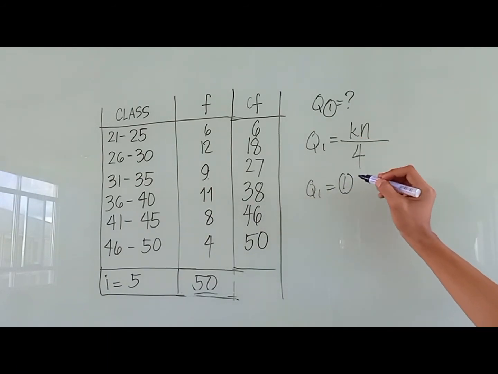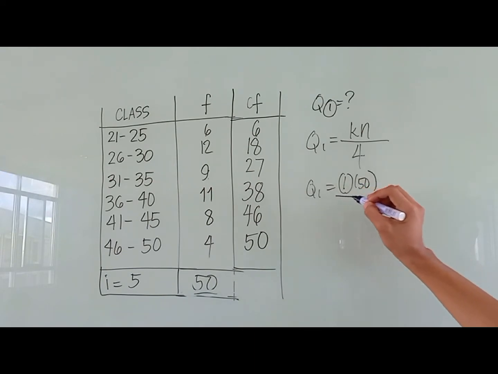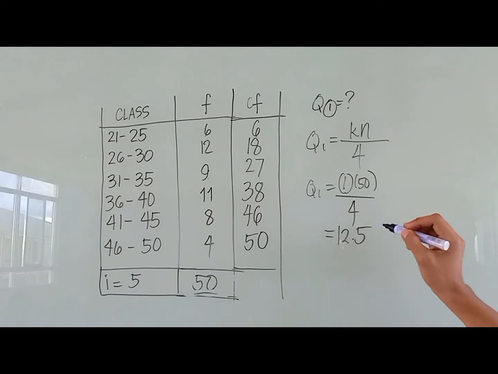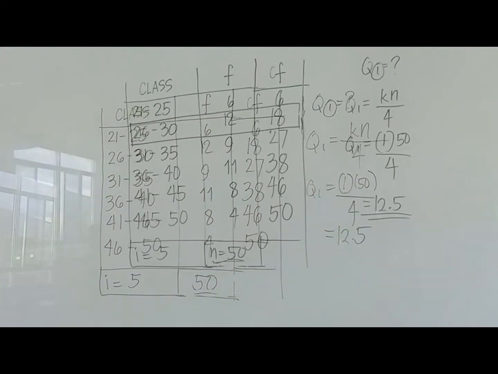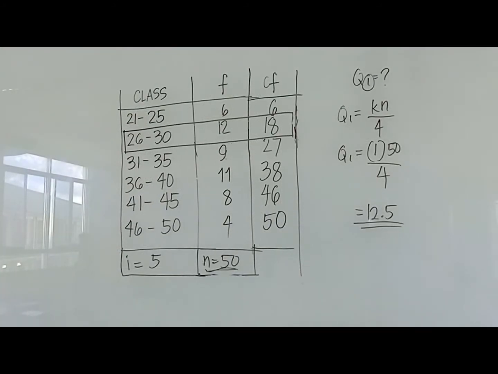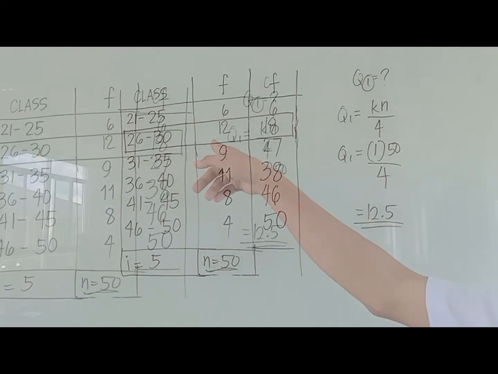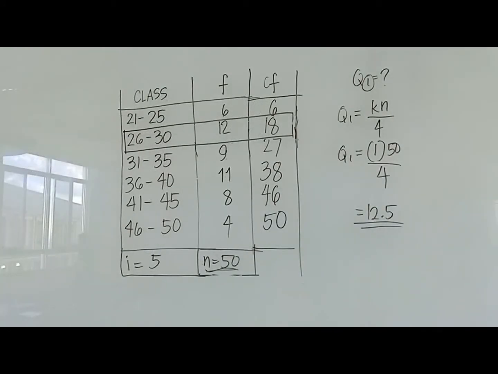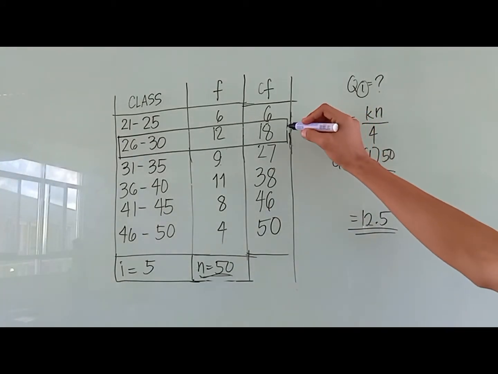Q1 class is equal to 1 times 50 divided by 4 is equal to 12.5. Next, we need to find the class interval where the 12.5 score is contained. Locate the class interval of the 12.5 score in the cumulative frequency. Always remember that it should be greater than 12.5.